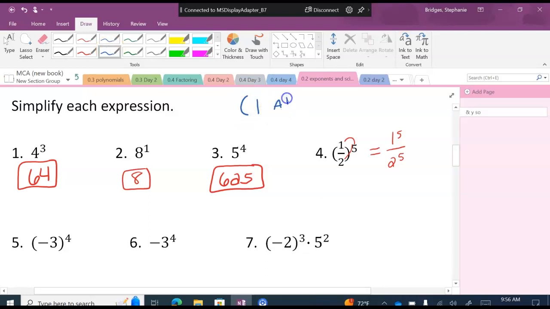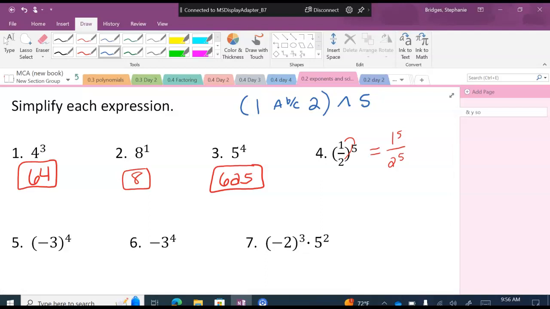And then your fraction key, and if you're using my calculator, it looks like that. You got your fraction? Okay. And then we're going to hit 2. And then we're going to close our parenthesis. And then we're going to raise that to the 5th power. Whoops. I hit the wrong button, sorry.